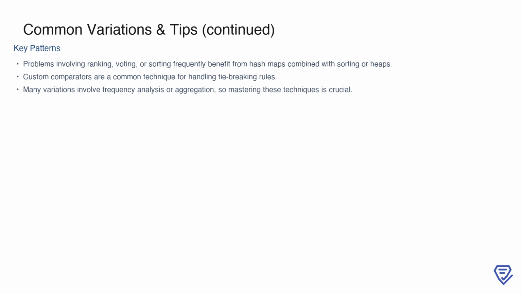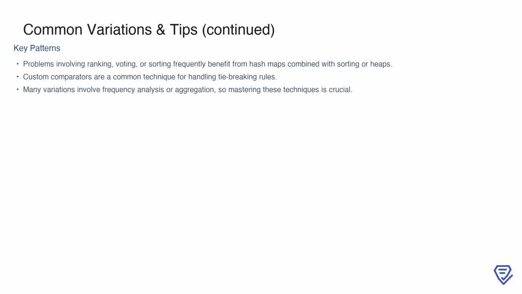Key patterns emerge in problems like this that involve ranking, voting, or sorting. One of the most effective strategies is leveraging hash maps in combination with sorting or heaps. These data structures allow you to efficiently aggregate data and rank elements based on their scores. Additionally, mastering custom comparators is crucial, as they are a common technique used to handle tie-breaking rules.